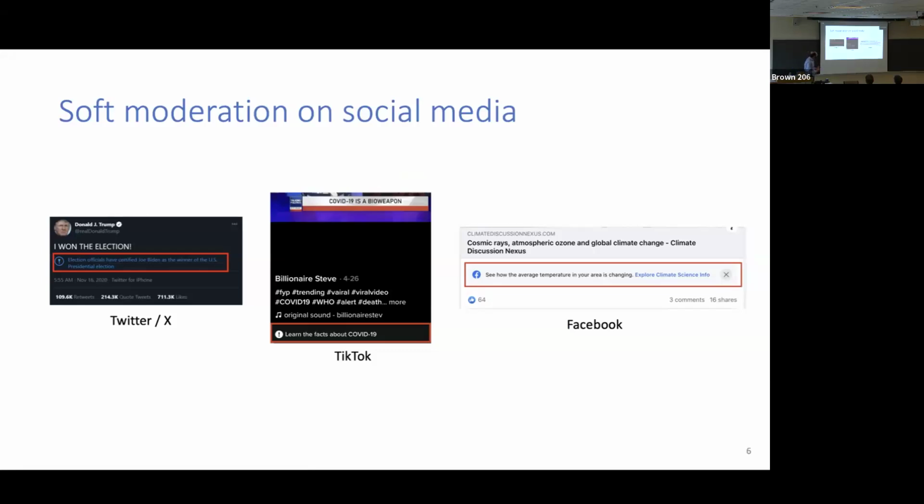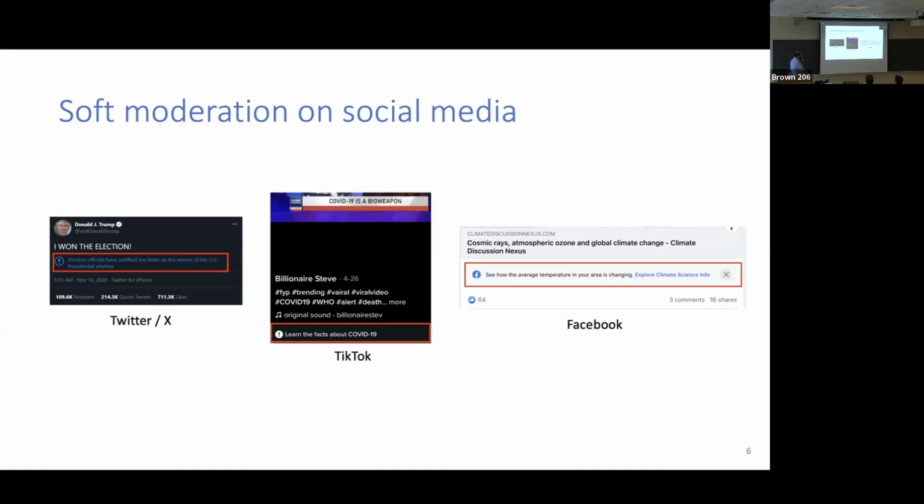We saw that on Twitter during both COVID and the 2020 election. We saw that on TikTok during COVID. Facebook has been doing it in a number of settings. This one is about climate change, actually. It tells you to check out this set of scientific facts about climate science, and then make your own decision and so on.